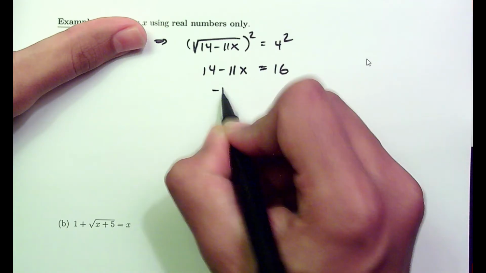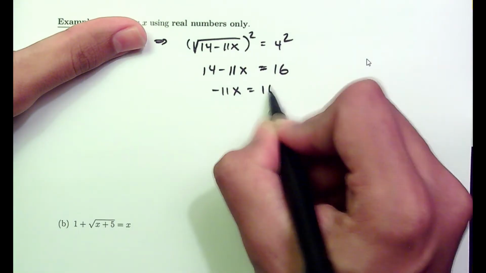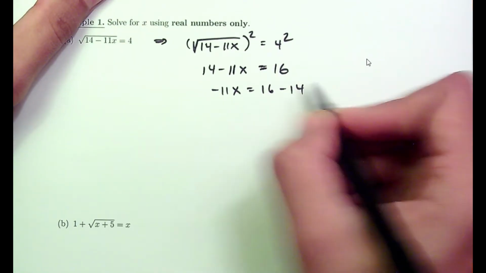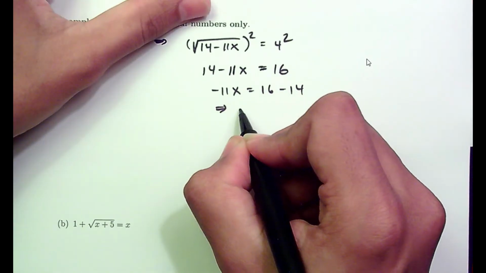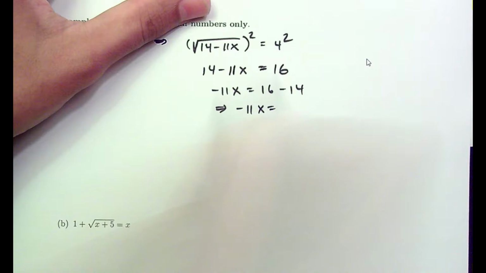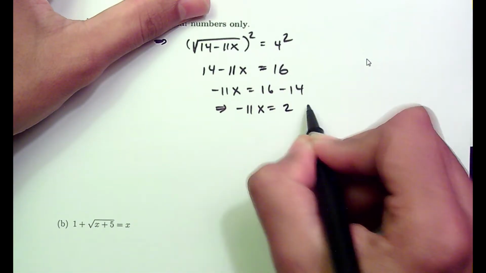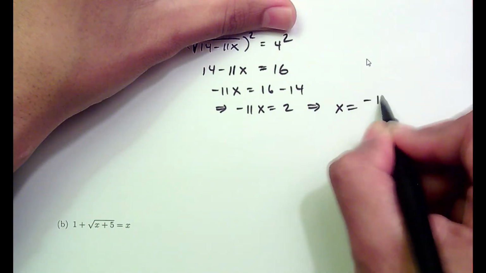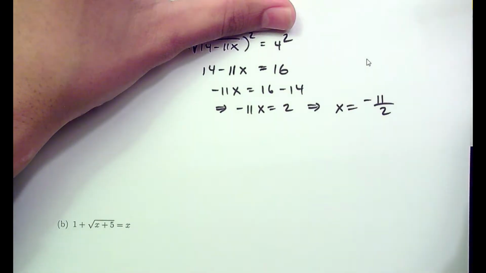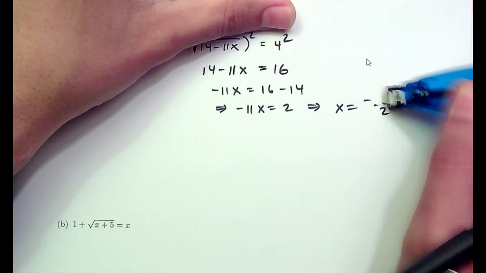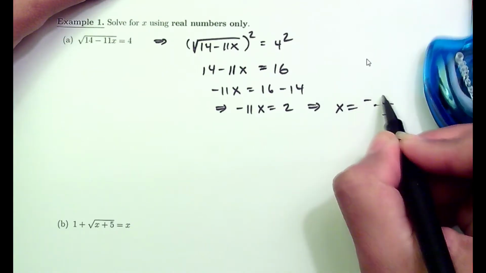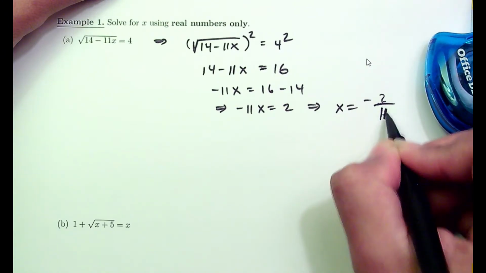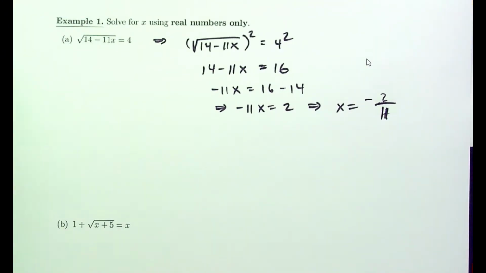Moving the 14, you get 16 minus 14, which is 2, divided by negative 11. So x equals negative 2 over 11. Sorry, I got that backwards earlier. Negative 2 over 11 is our potential answer.